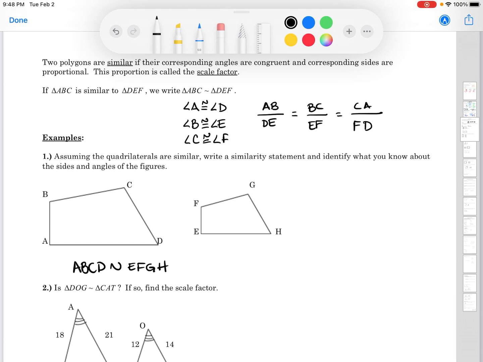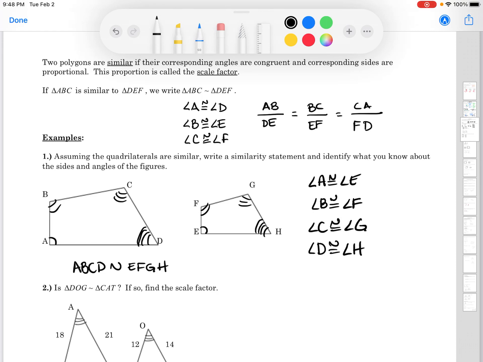So what that means is that angle A is going to be congruent to angle E. Angle B is going to be congruent to angle F. Angle C is going to be congruent to angle G. And lastly, angle D is congruent to angle H.